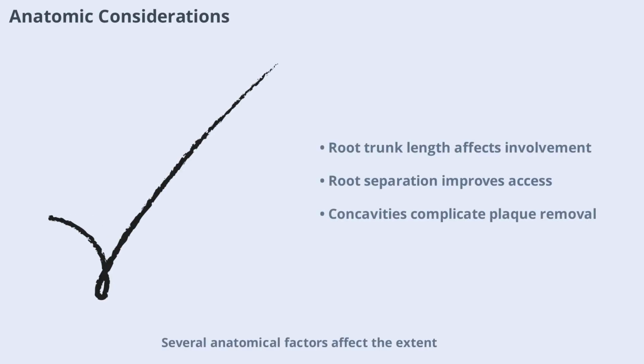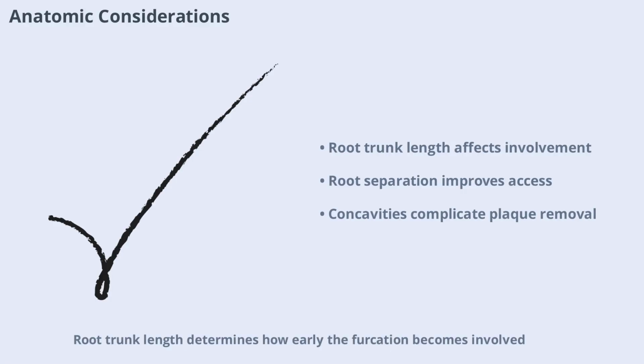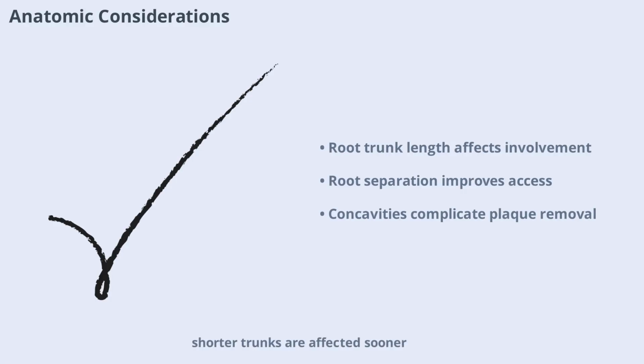Several anatomical factors affect the extent of attachment loss in furcation defects. Root trunk length determines how early the furcation becomes involved. Shorter trunks are affected sooner, while longer trunks are harder to instrument. The degree of root separation improves access and facilitates instrumentation.